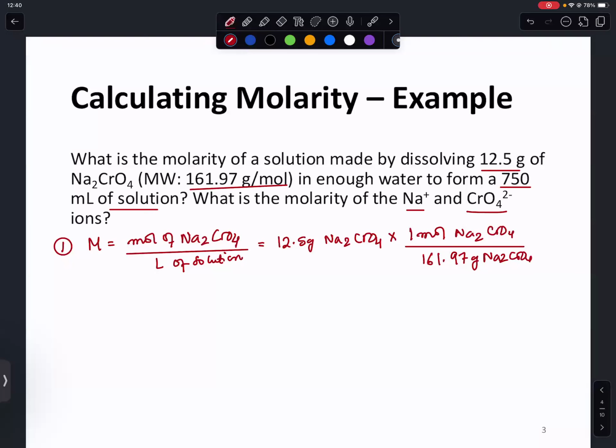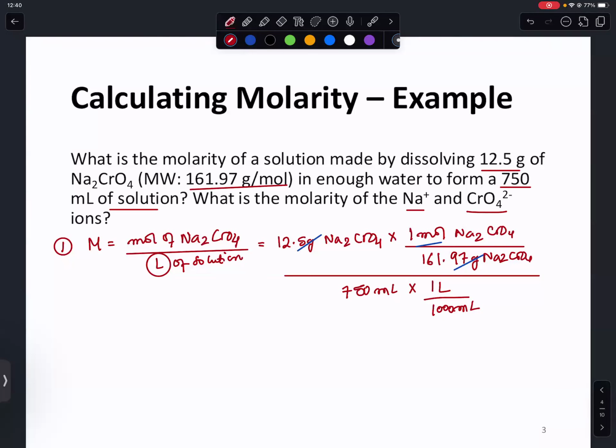From here, I should end up with the moles, and then divided by the volume of the solution. The volume here is given to me in milliliters, but remember it should be in liters. So I will say that in 1 liter, I have 1,000 milliliters.